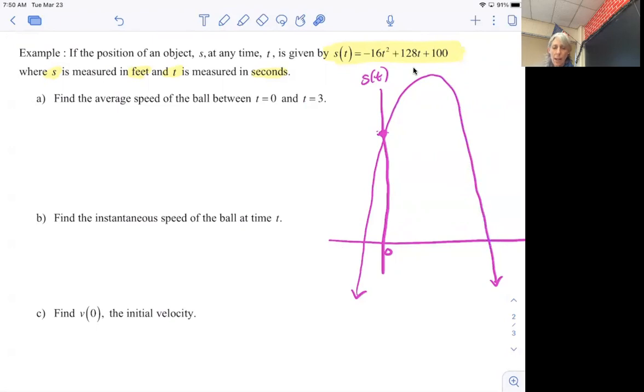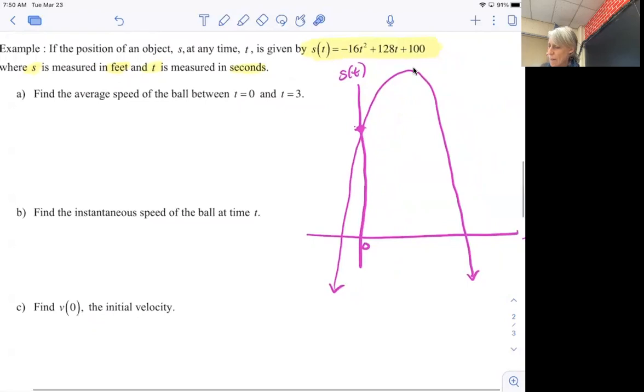Okay, so that's hitting the ground. Find the average speed of the ball between t equals 0 and t equals 3. So we want the average speed of the ball between 0 and 3. 3 is probably going to be about here. We're looking for the slope of that secant line.